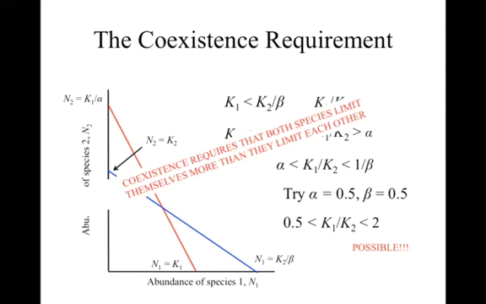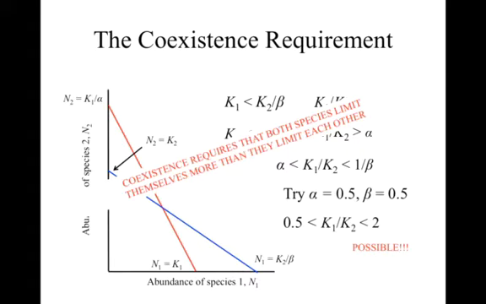And so this leads us to this idea. It's a hand-wavy idea, and there are more subtleties and complexities to this, but coexistence occurs when both species limit themselves more than they limit each other. And you'll hear a lot of ecologists say this.